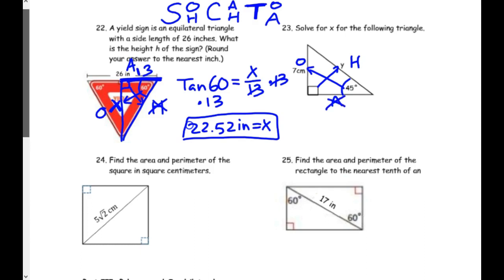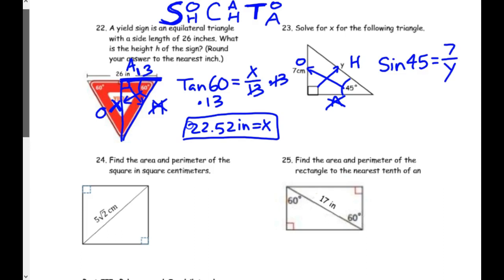Goodbye, A. So when I look at O and H has to be S for sine. Okay? We don't say sin, but whatever. So sine, S-I-N, angle 45, equals O over H, 7 over y.